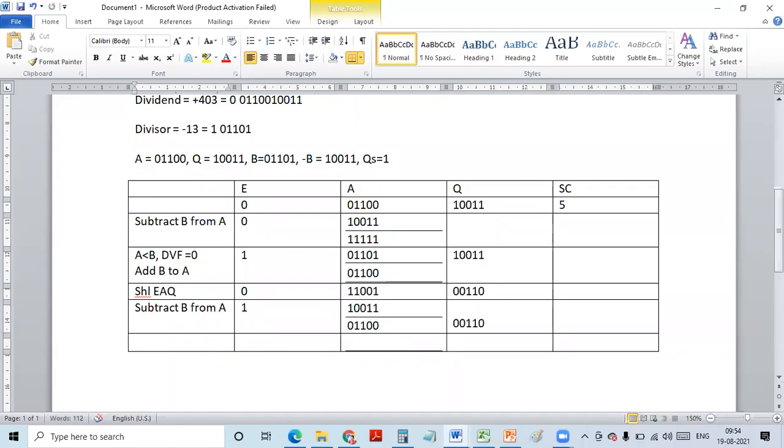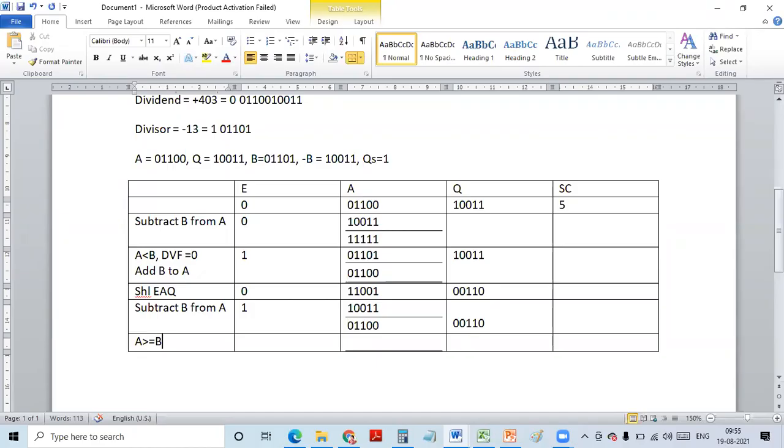So here, your E is 1, which means A is greater than or equal to B. So the subtraction can be carried out.